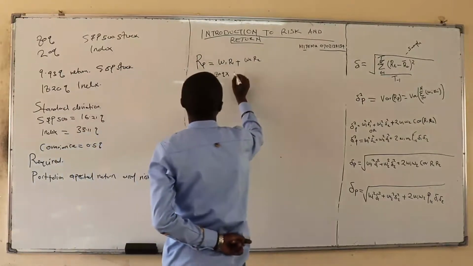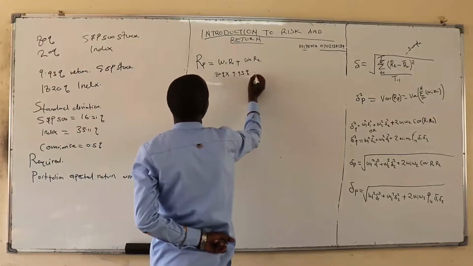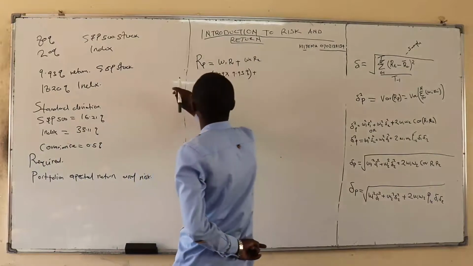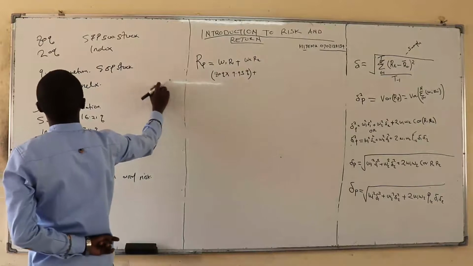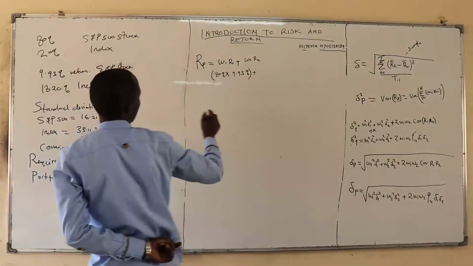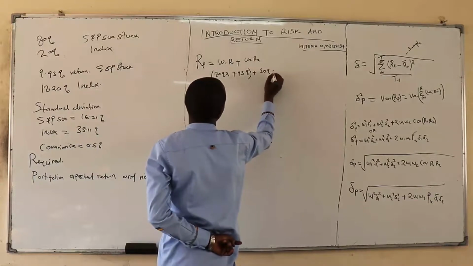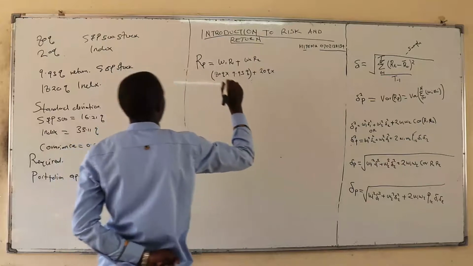So our portfolio return will be equal to the first weight, 80%, times the return of the S&P stock, 9.93%. Then you add the weight of the second asset, the emerging market index, which is 20%, multiplied by the return, which is 18.20%.